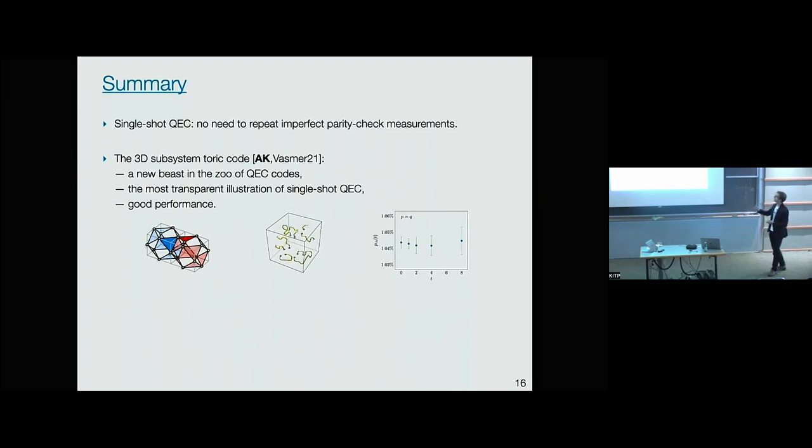To me, this is the most transparent illustration of single-shot error correction. And on top of that, this model exhibits a good performance that is on a par with, say, the performance of the 2D toric code. Of course, there is a caveat that I'm using here 3 spatial dimensions, but, well, there's no free lunch.